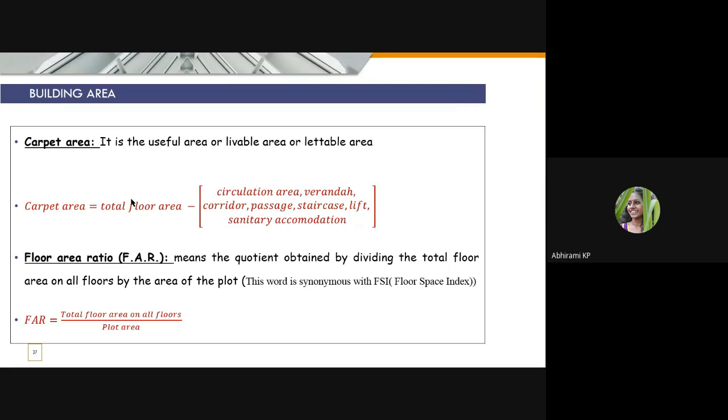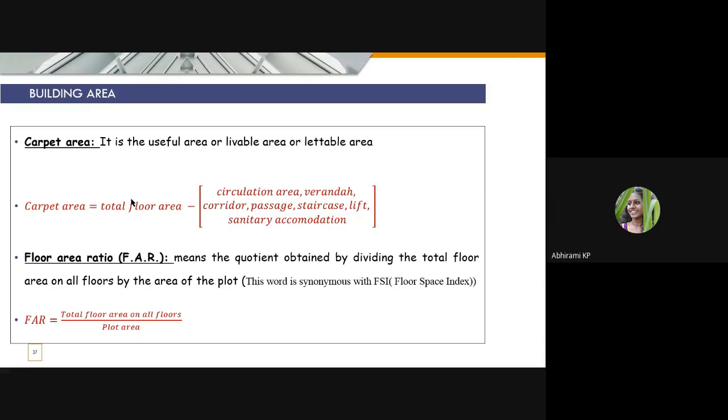It's an area that can be used in a home or any building.